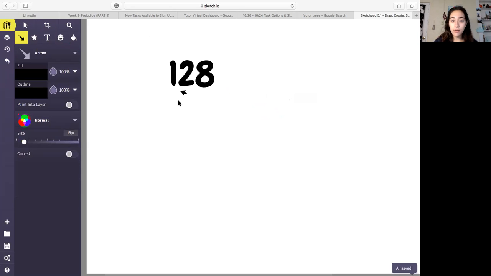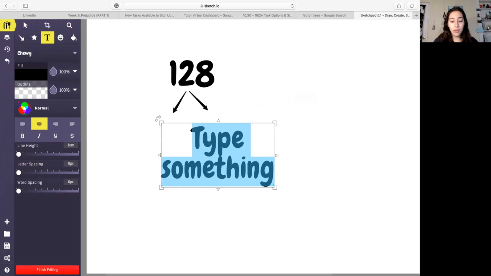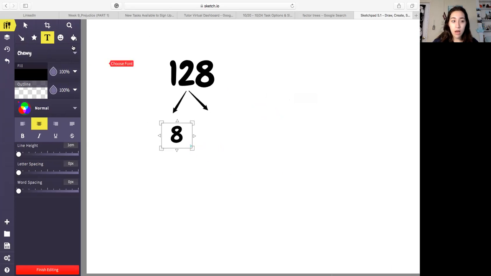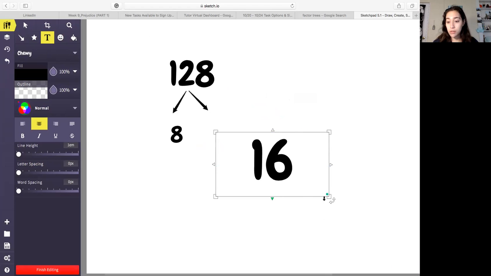We're going to take our arrows again. Both 8 and 16 are not prime numbers because they have factors other than just 1 and the number itself.